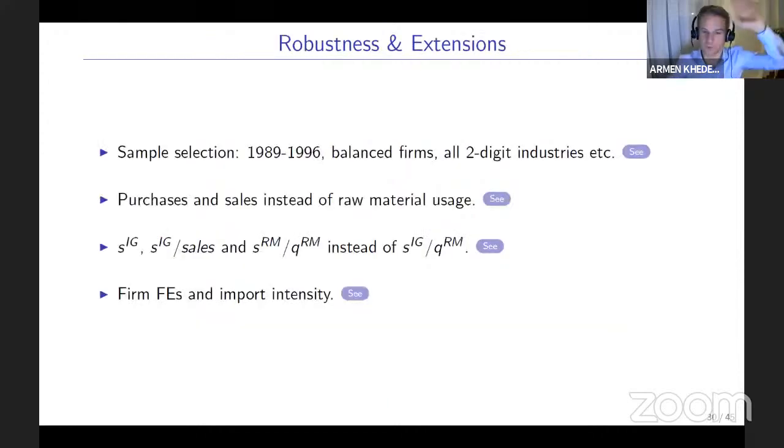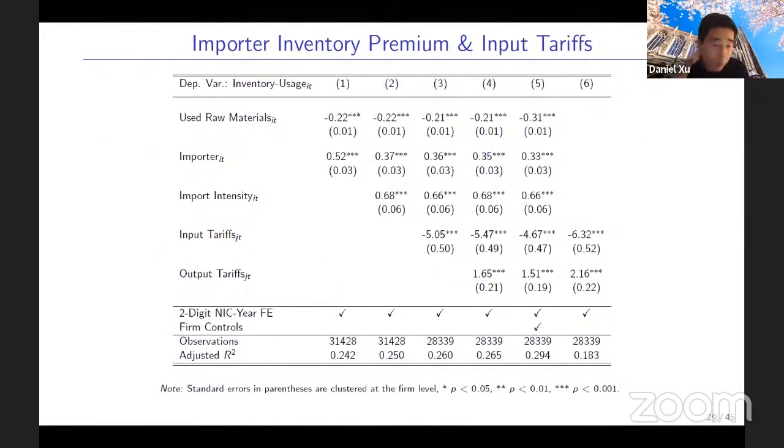Okay. So we do a bunch of, sorry, yeah. It's just really useful to understand your model. So here, above and beyond the import intensity, what's the additional channel that the input tariffs generate changes in the left-hand side variable? I'm just trying to understand the mechanism.